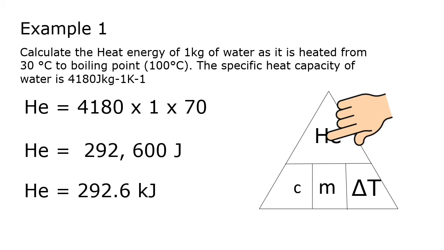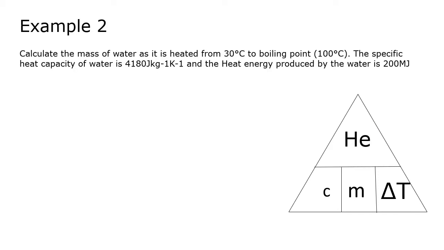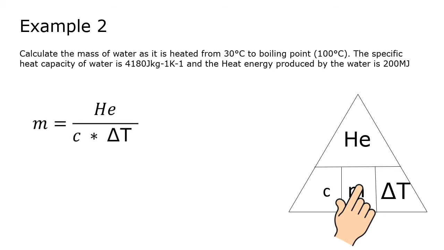So fairly straightforward. If we want to find out the mass, here we go, similar figures, but we've got 200 megajoules at the end, and the specific heat capacity of water is the same. So this time, if we cover up mass, it's going to be heat energy divided by C, the specific heat capacity, which I'm going to have to stop saying because it takes ages, times your change in temperature. The star here just means multiplying.